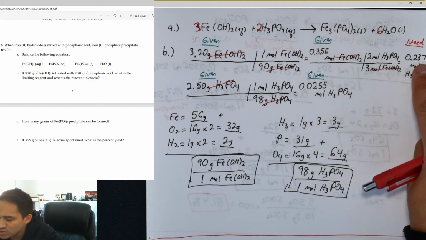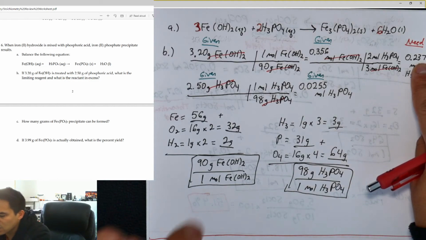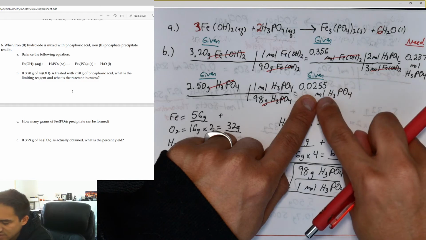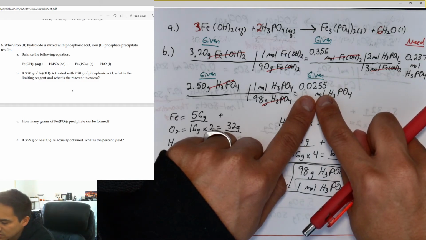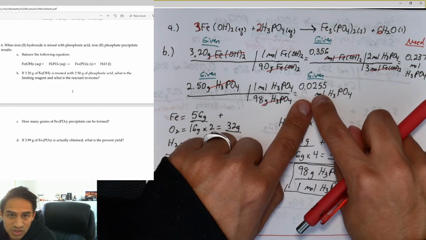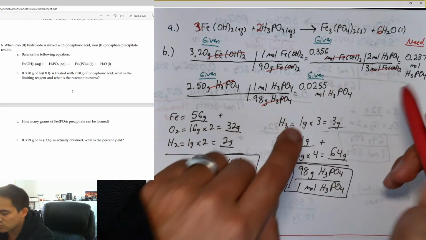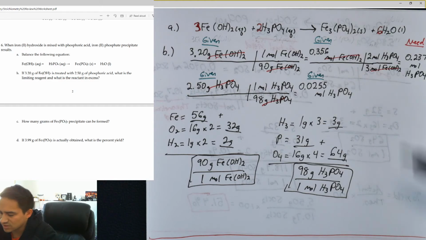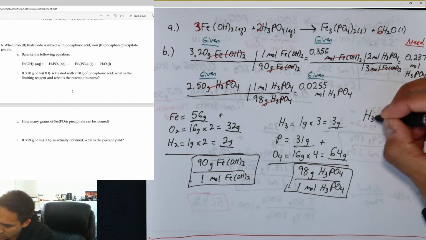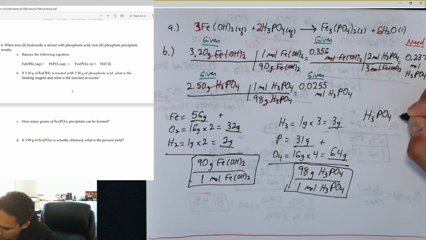So if we need 0.237, we only have 0.0255. So that is not even close, right? We need 0.2, and we only have 0.02. So H3PO4 is definitely going to be limiting. Okay? So H3PO4 is limiting.